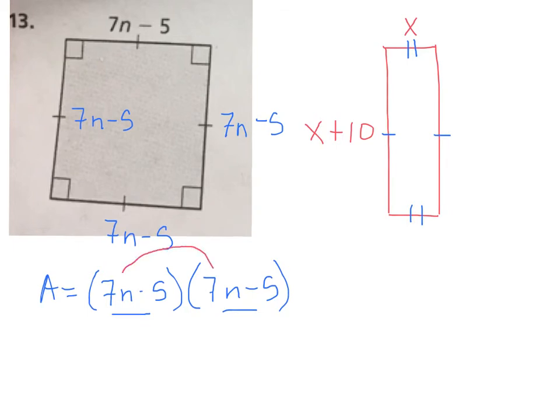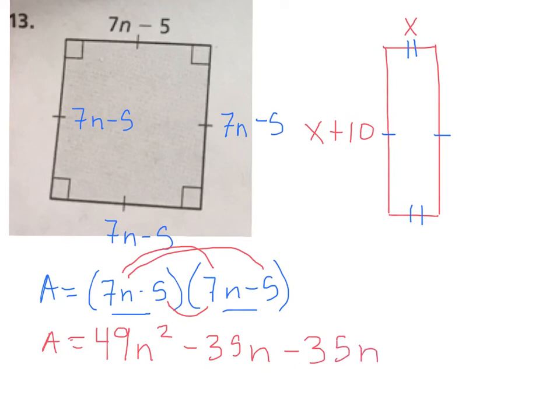7n times 7n is 49n squared. 7n times negative 5 is negative 35n. Negative 5 times 7n is also negative 35n. And negative 5 times negative 5 is positive 25.